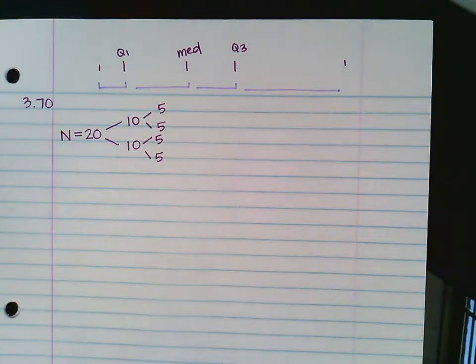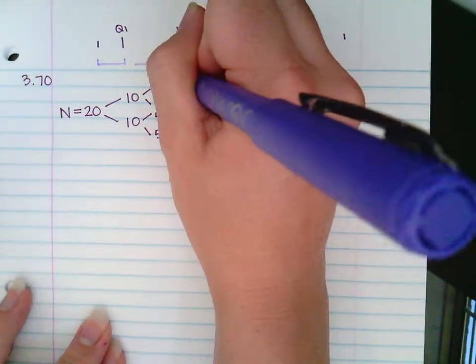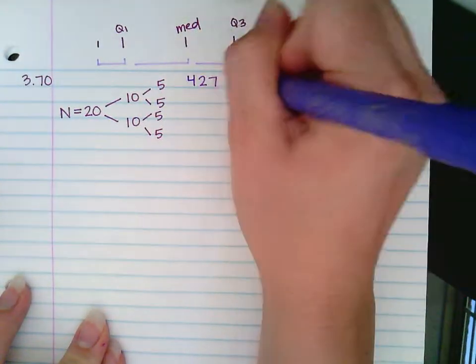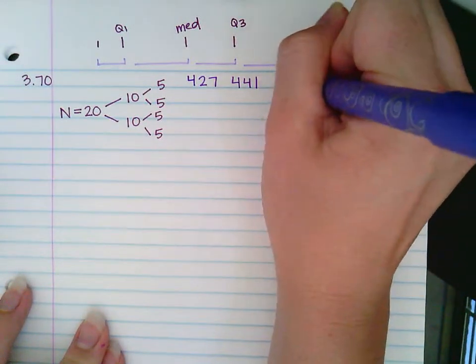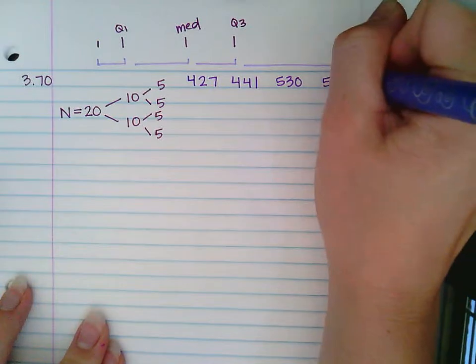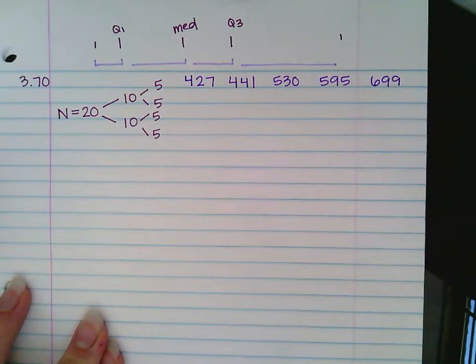Okay, so once we organize this data, we're gonna be able to find out the quartiles. So if you have access to Excel, that's gonna be the easiest way to sort this data. But like the first 5, once you sort it, 427, 441, 530, 595, and 699.